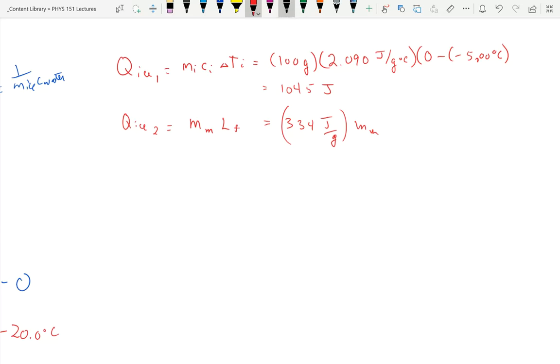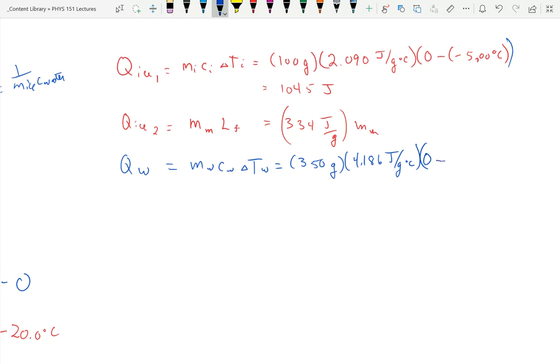And then my third and final equation, Q water is equal to the mass of water, C water, delta T water, equals, what is it, 350? Yeah. And since we now have determined that it ends at 0, temperature final is 0.